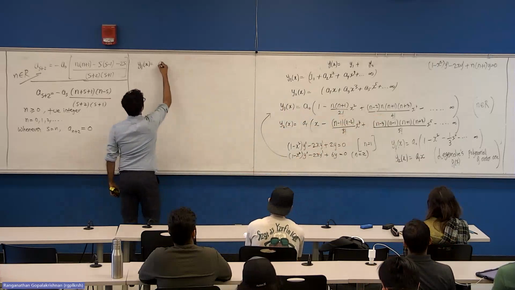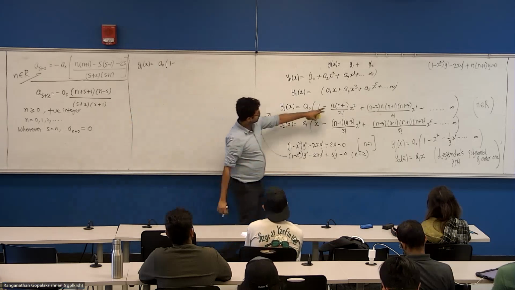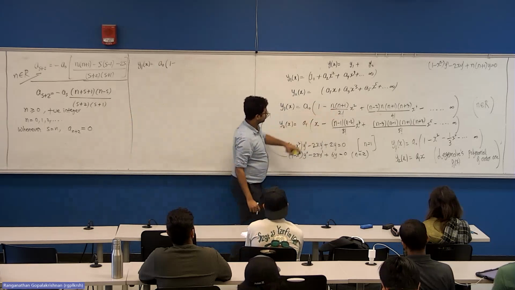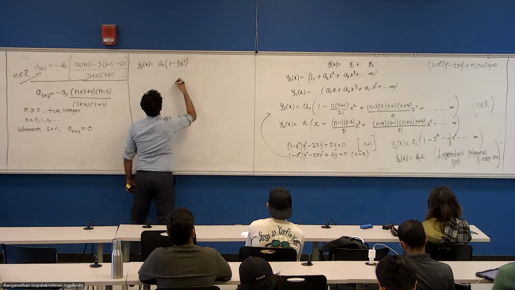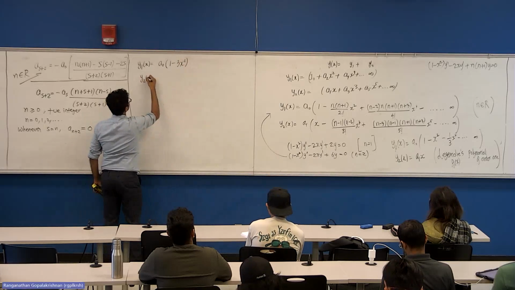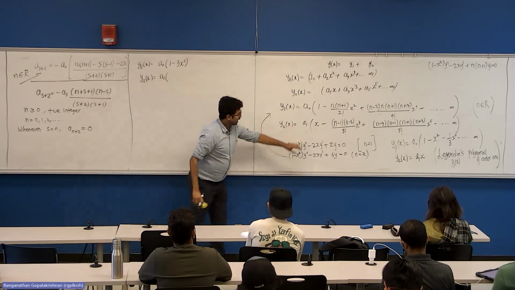That will be a naught times 1 minus, this is 2 times 3 divided by 2, that's 3x squared. And y2 of x would be a1 times x.